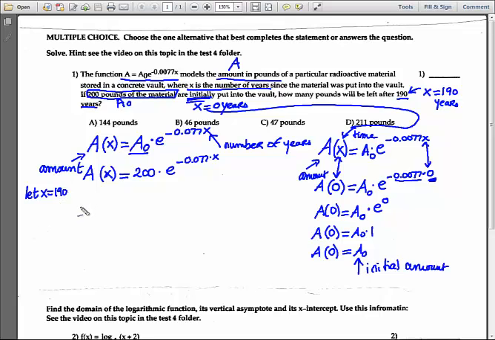We want to evaluate this function when x is 190 to get the amount of radioactive material that would be left. So just plug it in.